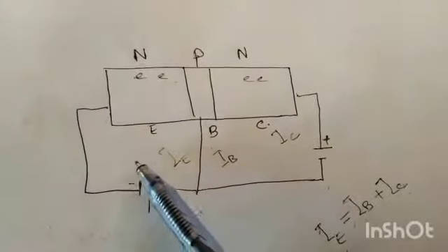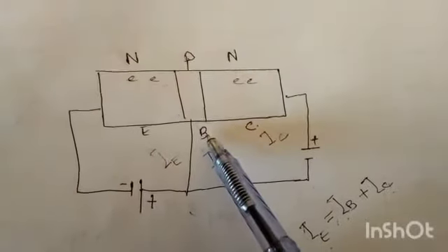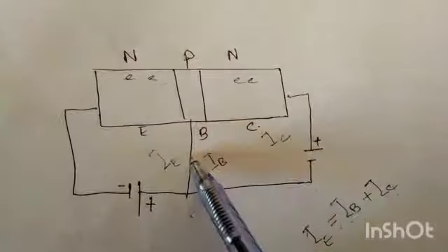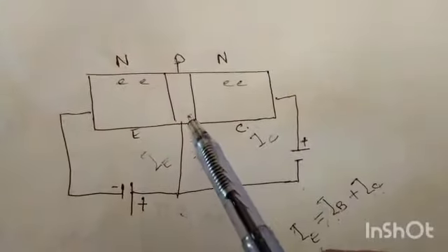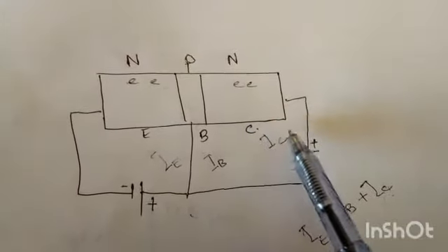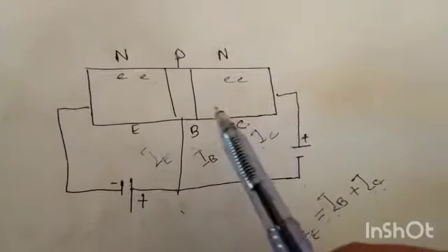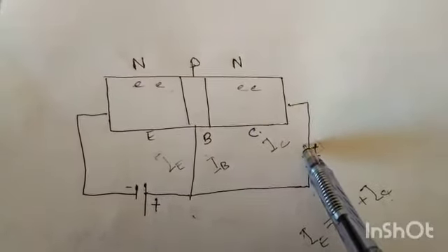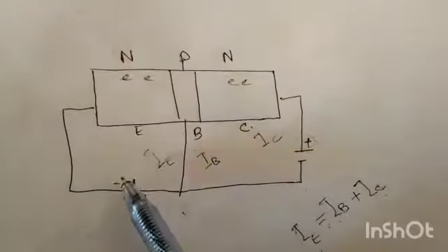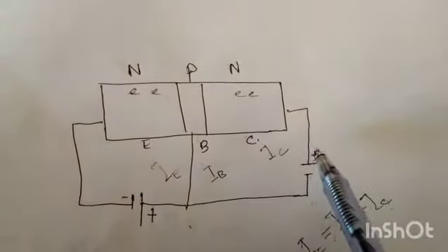Now electrons move from the emitter towards the base and few of the electrons move from the base towards the positive terminal of the voltage source, and other electrons move towards the collector and are collected at the positive terminal. Most of the electrons are collected at the collector because it has high potential compared to the emitter. The emitter is connected to low potential and the collector is at high potential.